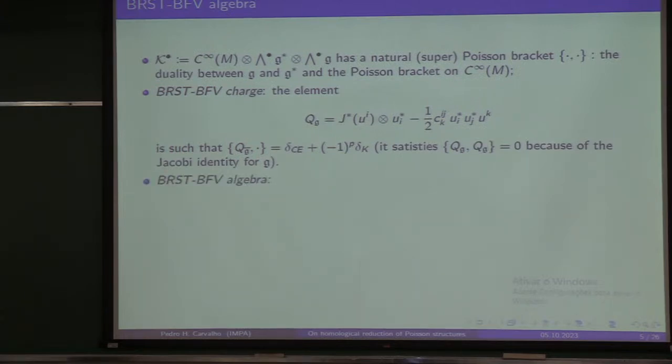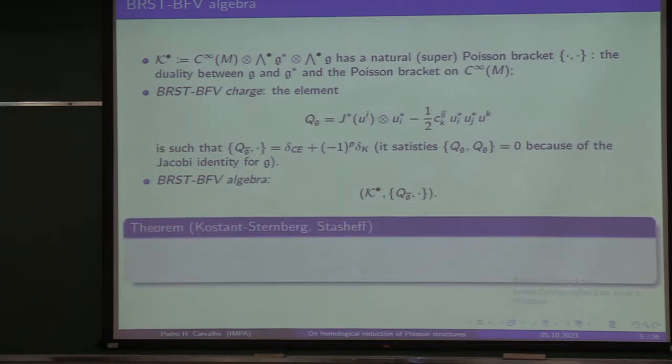And what I'm calling here the BRST-BFV algebra is actually what Kostant and Sternberg called the BRS algebra. It's this guy with this super Poisson bracket, and with this derivation that's given by this inner derivation given by this element.